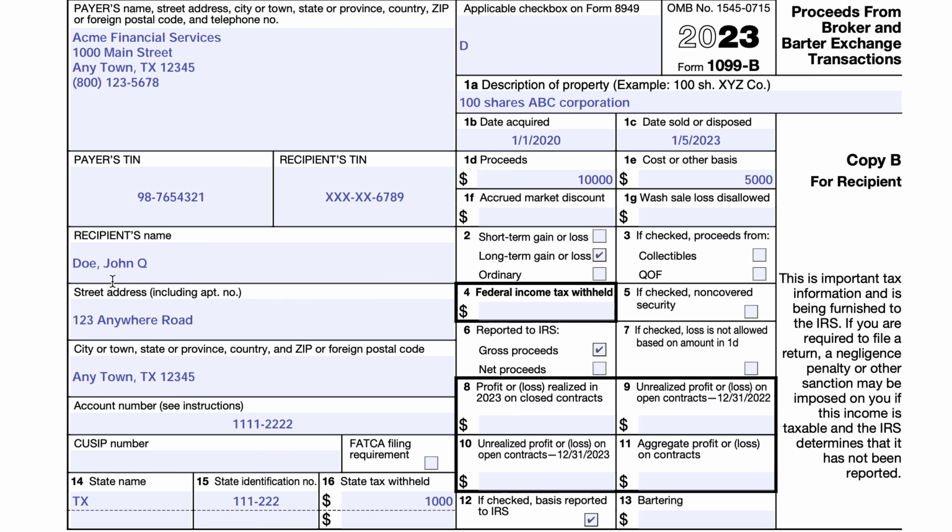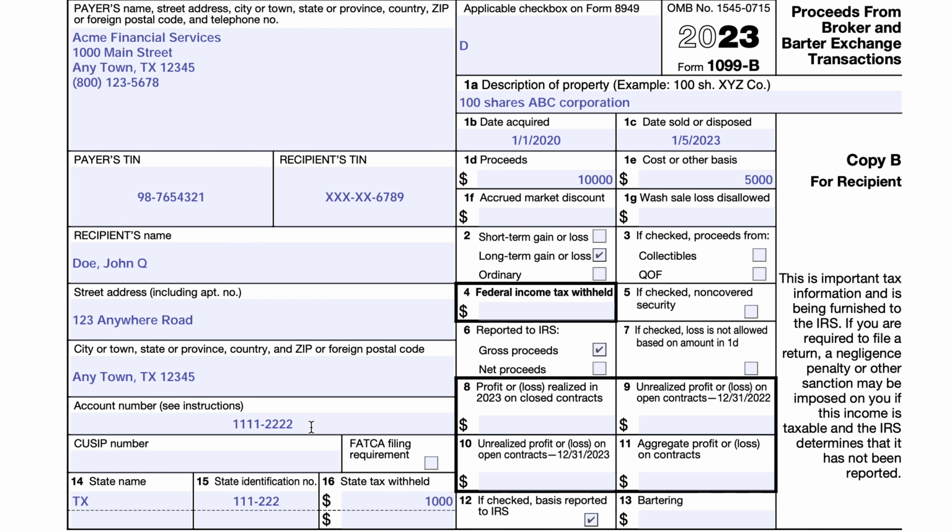Towards the bottom part, you'll see the taxpayer information. This would be yours, so you'll want to review this to make sure that it's correct. In this case, John Doe's street address, city, state, and zip code. And then there's an account number.